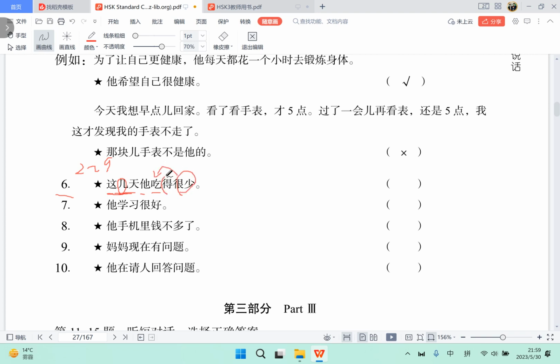So this 得 is a grammatical mark of the complement. Normally it comes after the verb and before the content of the complement. So 很少, how is he eating? He's eating very little. Number 7, 第七题, 他学习很好, he studies very well.